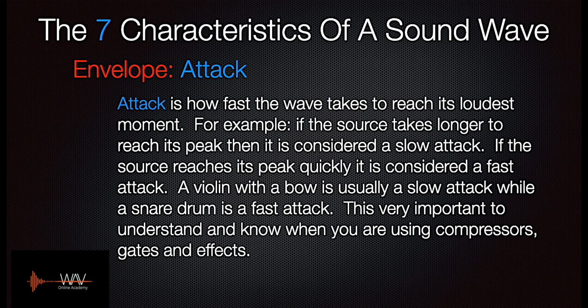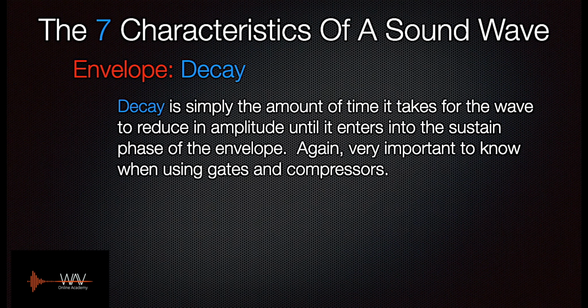If the source reaches its peak quickly, it is considered a fast attack. Now, a violin with a bow drawn across it usually has a slower attack, while a snare drum whack is a fast attack. This is very important to understand and know when you are using compressors, gates, and effects. Actually, the envelope itself, all 4 of them, are very important to know when using compressors, gates, and effects.